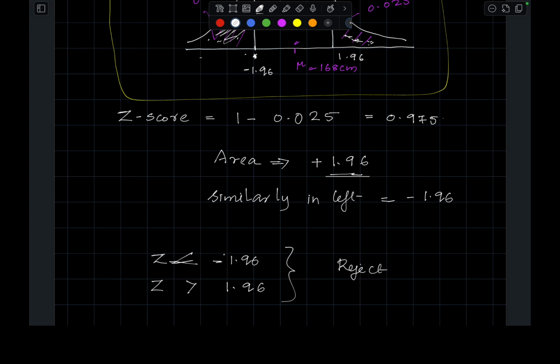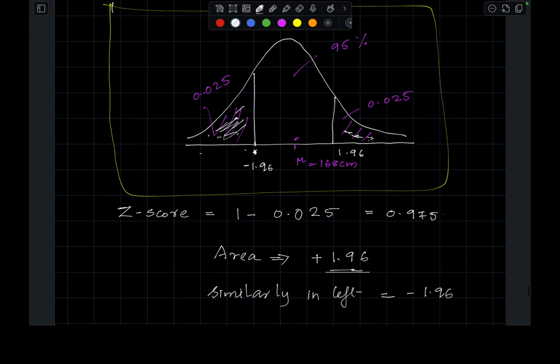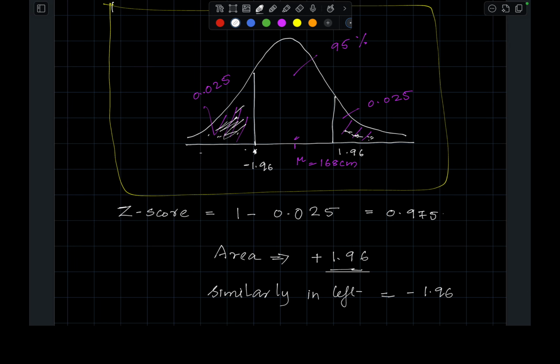So z score less than -1.96 and greater than 1.96 means that this is the area less than -1.96, this particular area, and similarly the area greater than 1.96. So those two are our rejection areas.